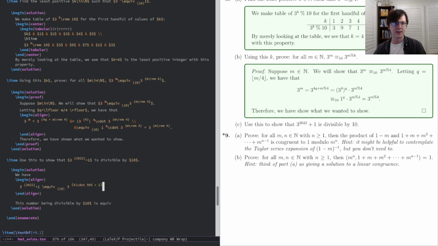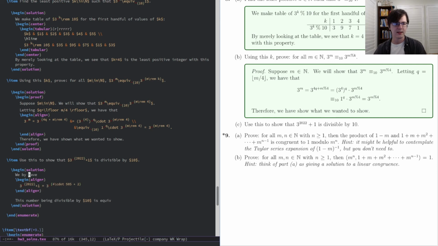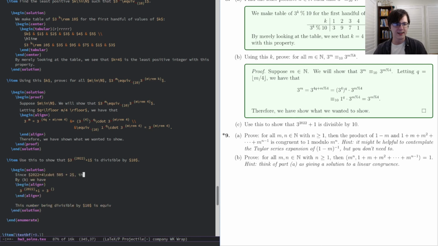So then by this rule, oh wait, this was just equality. I guess first I'll just say, since we have this, then 2022 remainder 4 is 2.